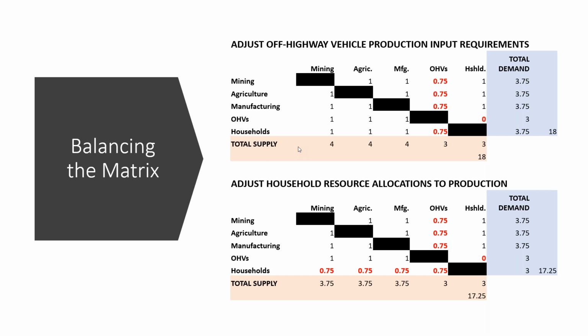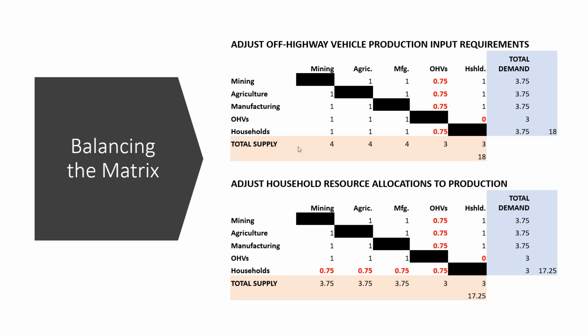So in the bottom half, we change the household's allocation of its activities to the economy, and we change that to 0.75 for every sector instead of 1. Okay, now my off-highway vehicles and my households all balance at 3 units of supply and demand. My total economy is only 17.25 units, both supply and demand. Everything balances here.